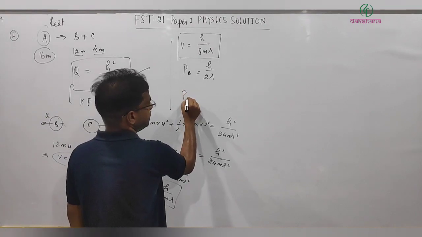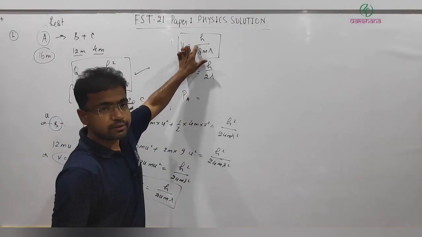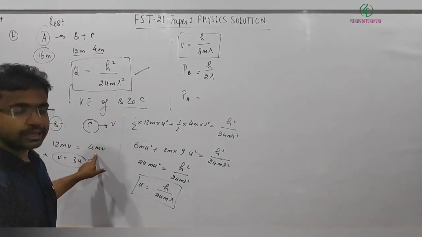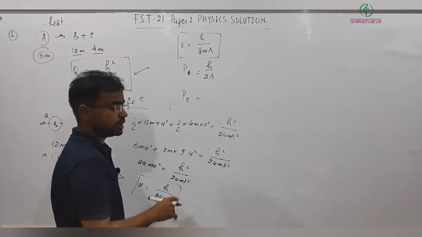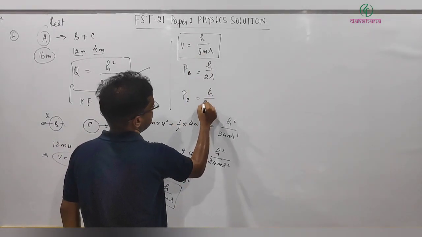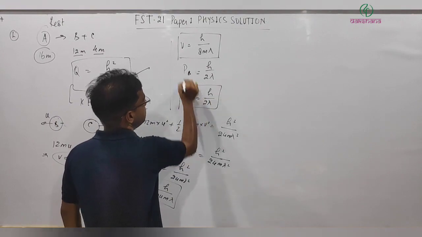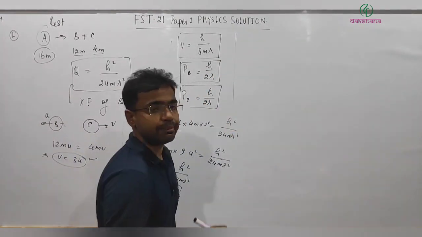The momentum of this one is velocity multiplied by mass. This is not A, this is C basically. So I am getting 4 multiplied by this, so it's h by 2 lambda. So we got the momentum of B and C. Now next is lambda.